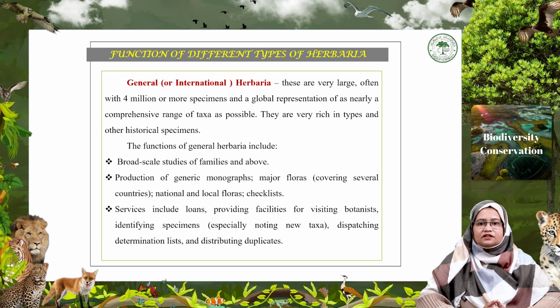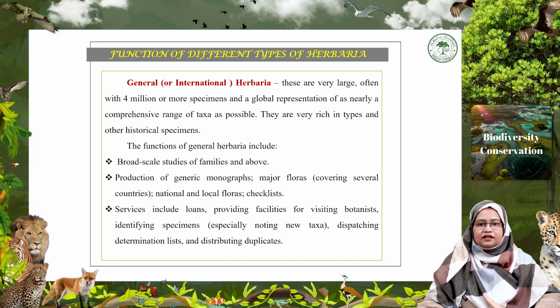The first one is the general or international herbaria. These are very large, often with 4 million or more specimens, and are a global representation of as comprehensive a range of taxa as possible.